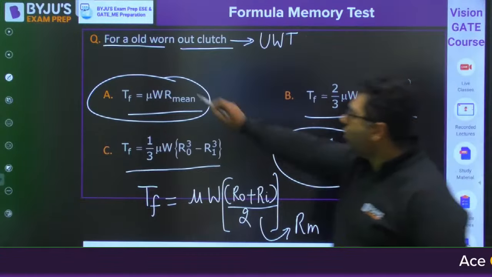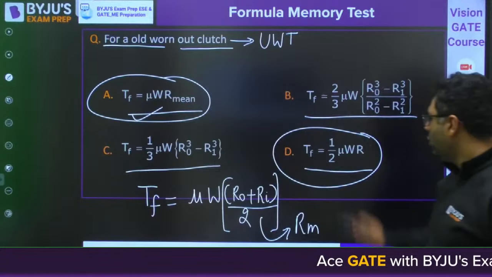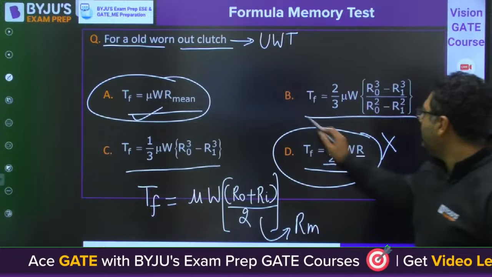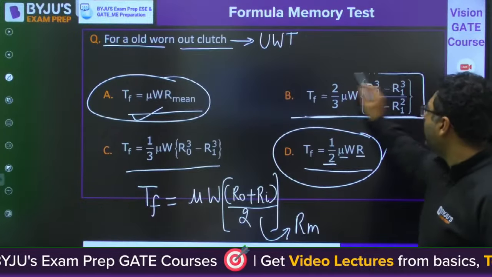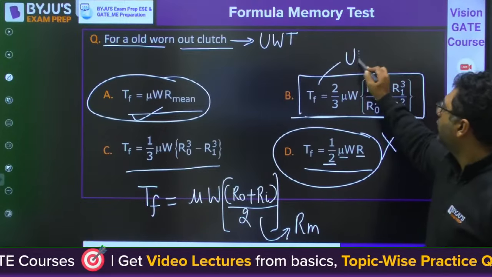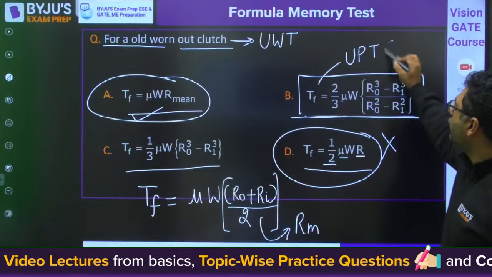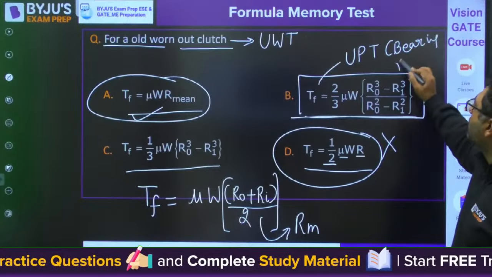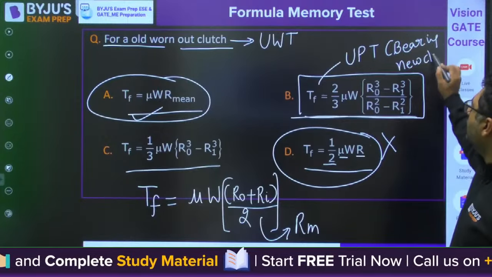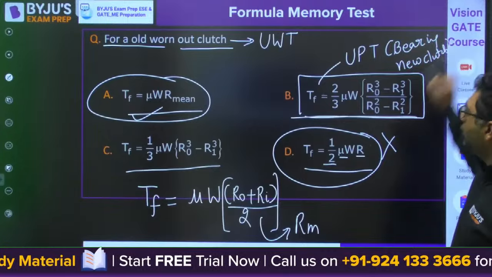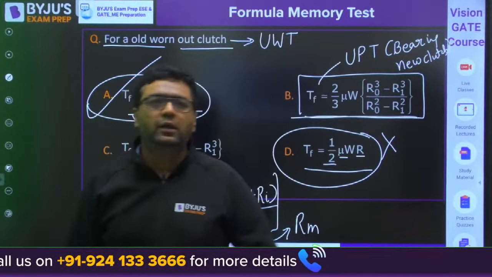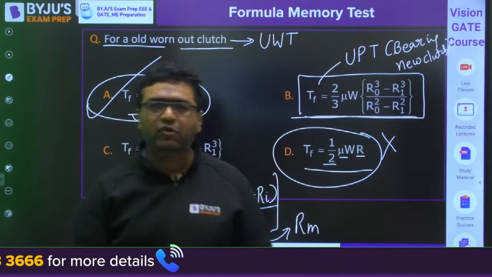So mu W R mean is correct. 1 by 2 mu W R is not correct. Similarly, this is the formula for UPT. This is used for bearings or new clutch. So the answer for this is A. Clear for everyone?